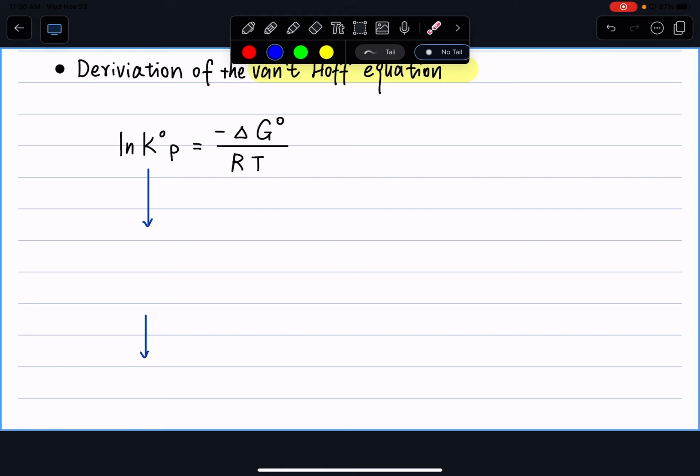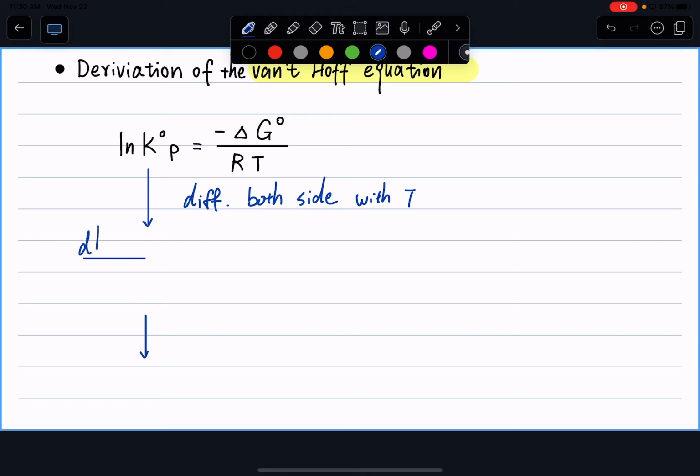Now we differentiate both sides with respect to T. On the left-hand side, we have the change of ln K naught P over dT, and on the right-hand side, that is d over dT of negative 1 over RT times delta G naught. So we're taking the differential on both sides and then dividing both sides by dT.